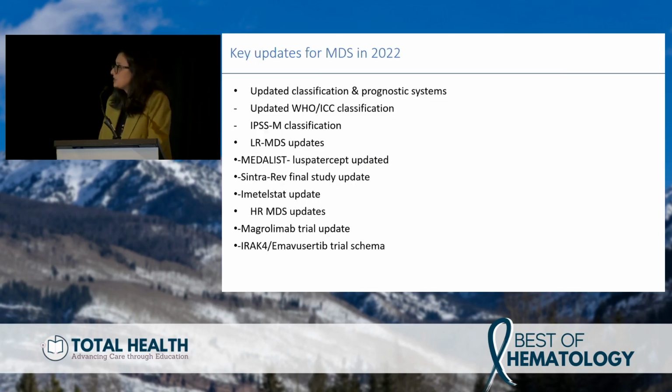So what are some key updates for MDS in 2022 that we're continuing into 2023? Well, we have updated classification systems, and we have a new prognostic scoring system, the IPSS-M. For low-risk MDS, I will go over some updates in terms of the MEDALIST data with luspatercept, COMMANDS, and a study of low-dose lenalidomide preventing progression towards transfusion-dependent anemia, and a quick update on a novel telomerase inhibitor, imetelstat.